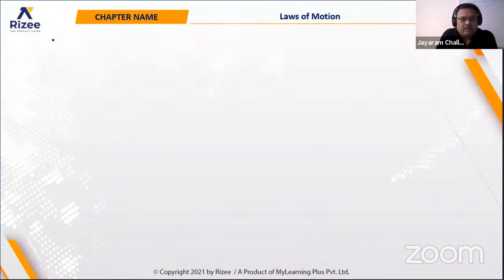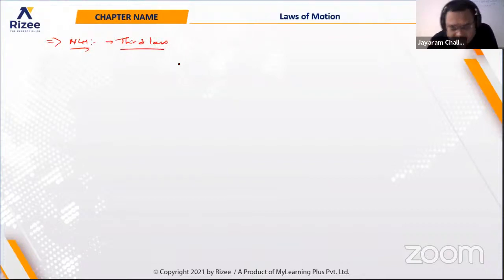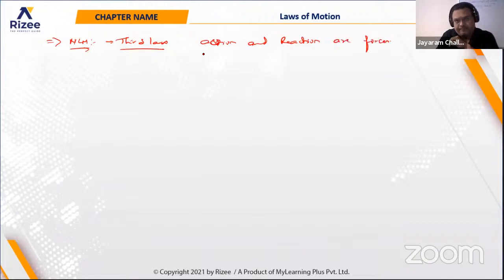And now coming to our next law, which is Newton's third law of motion. We know that for every action there is an equal and opposite reaction. That means action and reaction are forces, and they do not act on the same body or a single body.